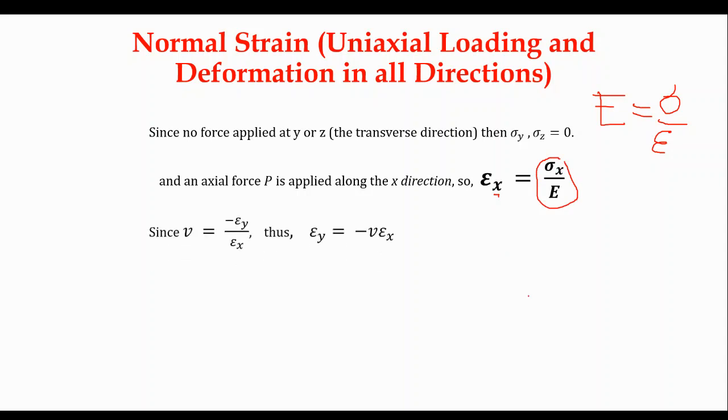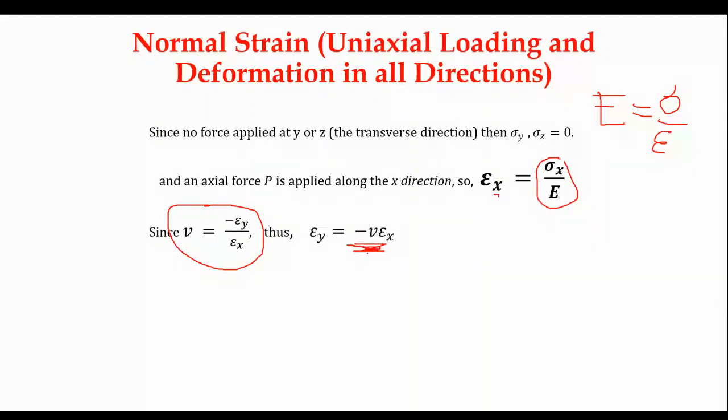And then, katong sa Poisson's ratio, di ba mao man ni ang relationship sa Poisson's ratio, we can say that the strain in y is also equal to the negative Poisson's ratio times strain x. So, gilabay lang ang negative ni strain y diri sa v.